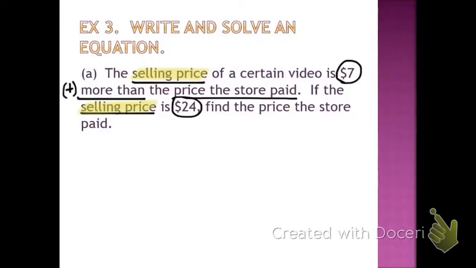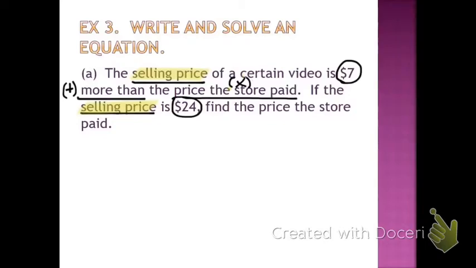So are they telling us what the store paid? Yes or no? No. So that makes the price the store paid our what? They didn't give it to us. It makes it our unknown, which is our variable. All right? So we're going to go ahead above it, and we'll use an X. It doesn't really matter what variable you use, but we'll use an X for this one.